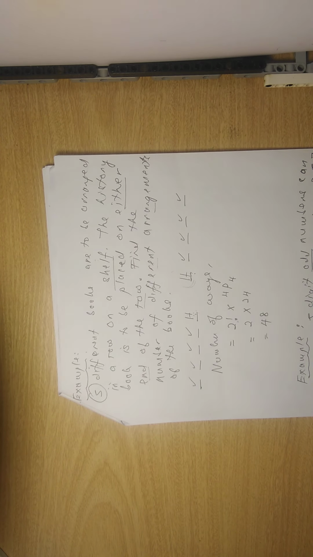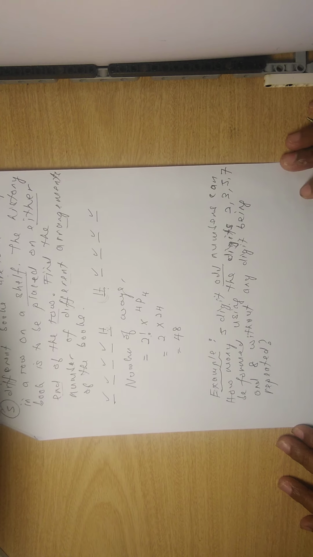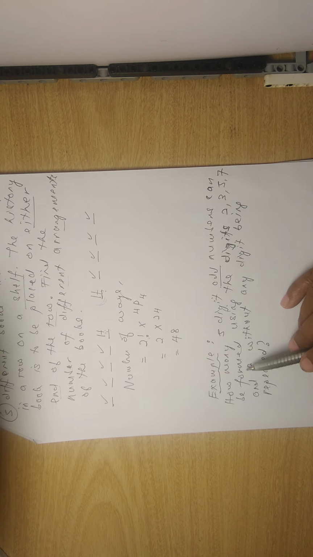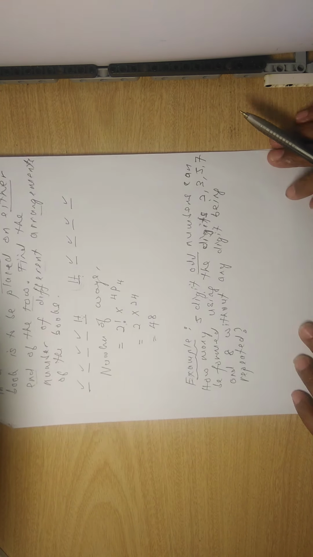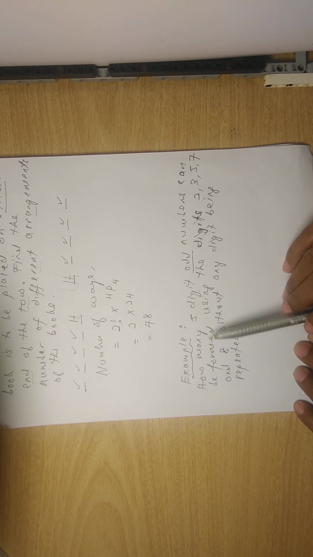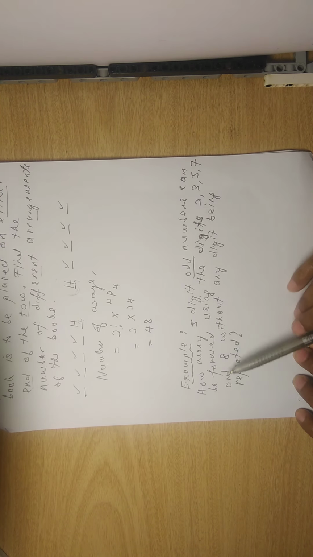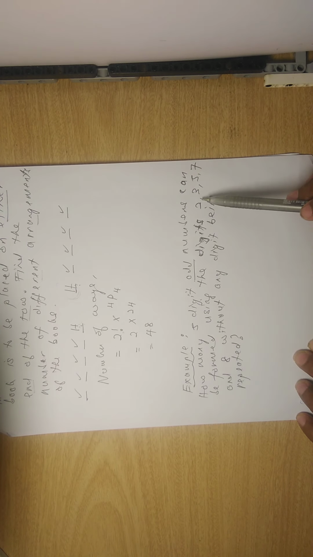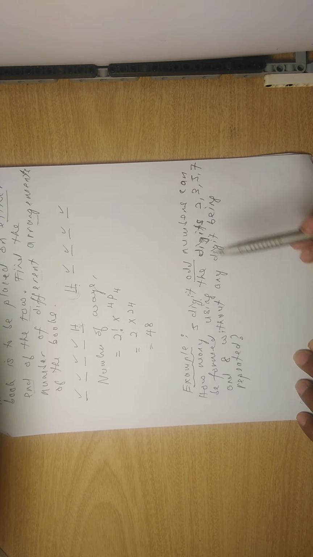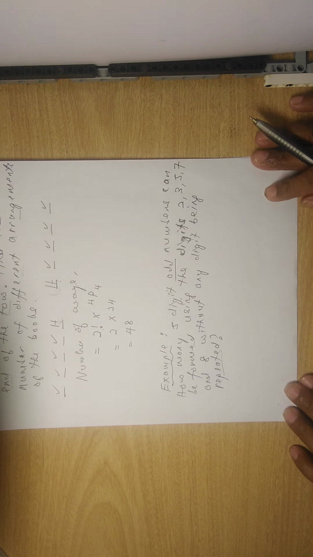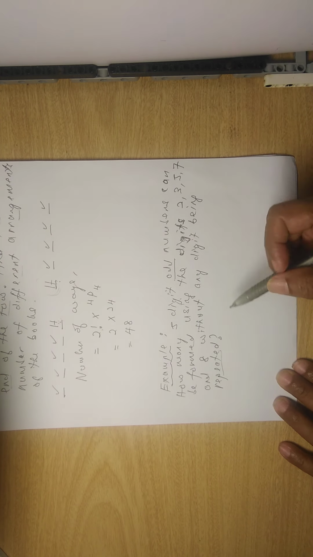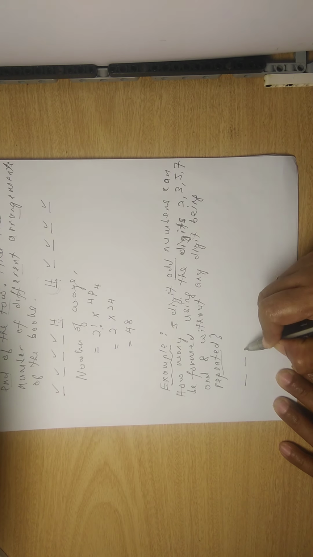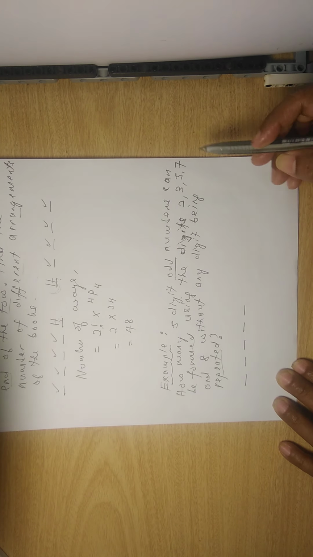All right, one more question. How many 5-digit odd numbers can be formed using the digits 2, 3, 5, 7, and 8 without any digit being repeated? Similar to the question just now, you've got 5 digits, so I make 5 spaces.